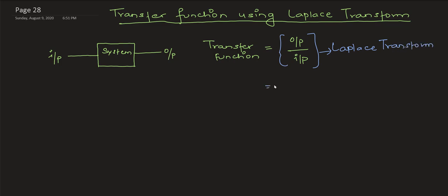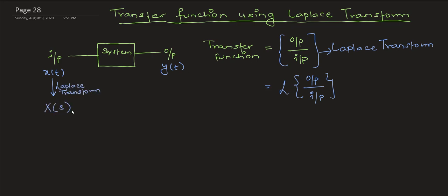So when I take the Laplace transform of output by input, if your input is x of t, the Laplace transform of x of t becomes X of s, and the Laplace transform of the output becomes Y of s. So from here, you can easily guess what the transfer function is going to be. It's going to be Y of s by X of s.